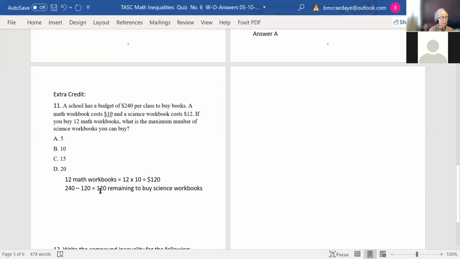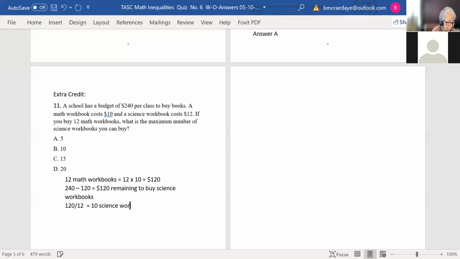Okay, so you have $120 left to buy science workbooks. But the science workbooks cost what? $12. So 120 divided by 12 equals 10 science workbooks.